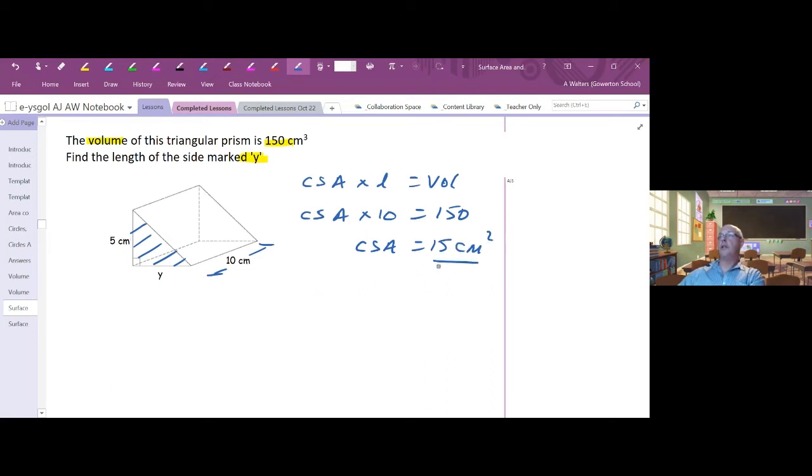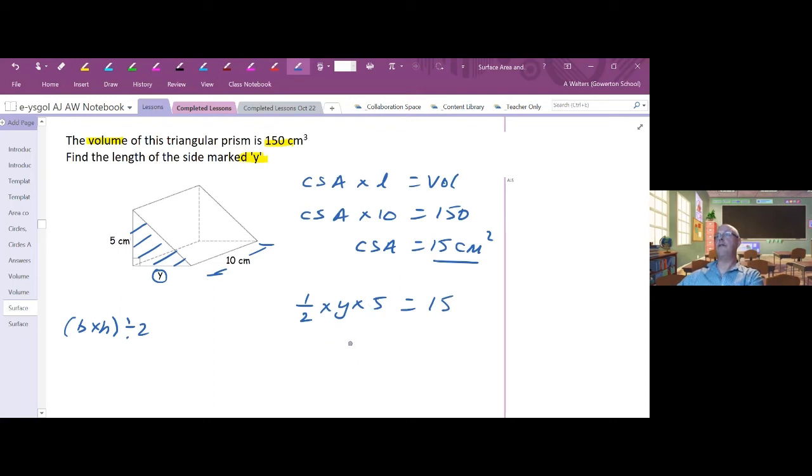So now I'm going to use the area of a triangle, which you could do as the base times the height and then share by 2, or this one here, a half times the base, which in this case is y, times the height, which is 5. So that's what I'm using for the area of the triangle. Half times the base times the height equals the cross-sectional area, 15.